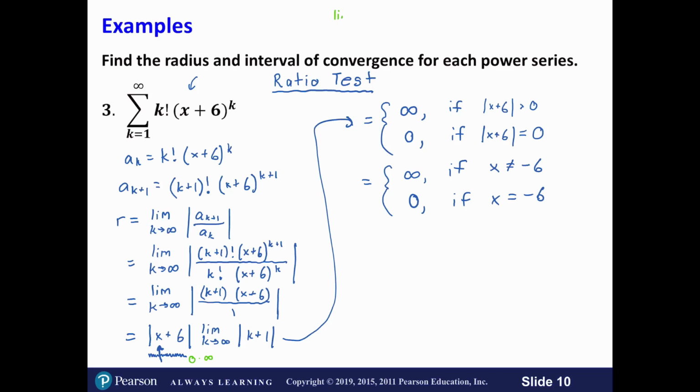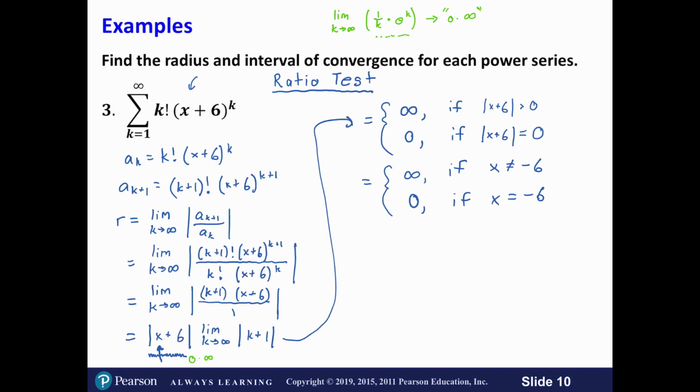So in general, if you were to have something like the limit as k approaches infinity of 1 over k times e to the k, this is also a 0 times infinity sort of case, but this is where both of the terms 0 and infinity are inside of the limit.